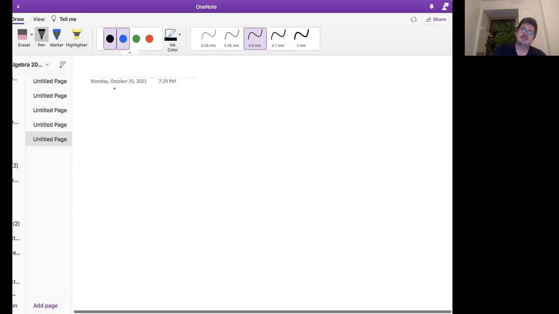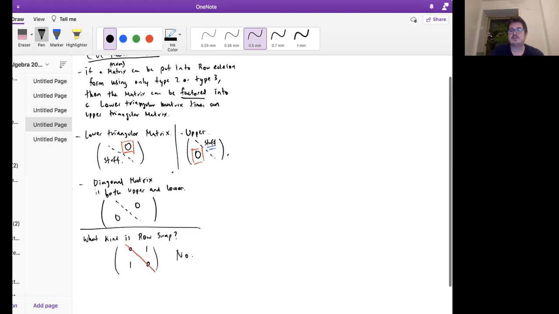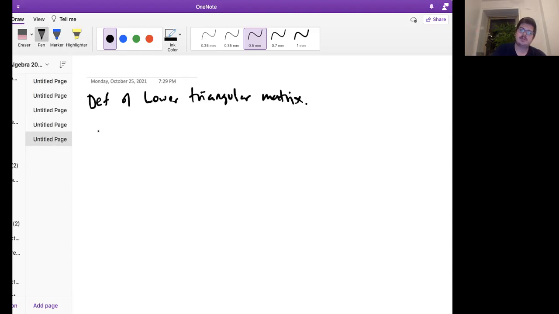Okay, so let's do a definition that is a little bit more mathematically rigorous. The main definition of a lower and upper triangular matrix is the placement of the zeros. So when thinking about indices, which entries are 0?